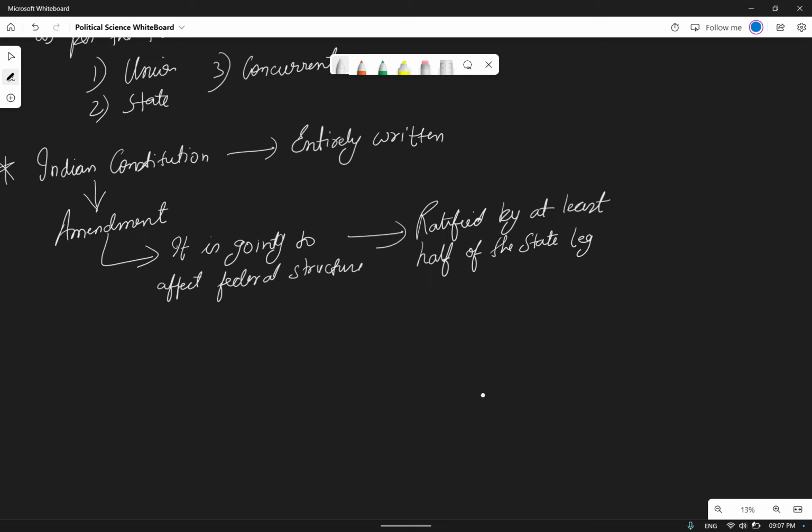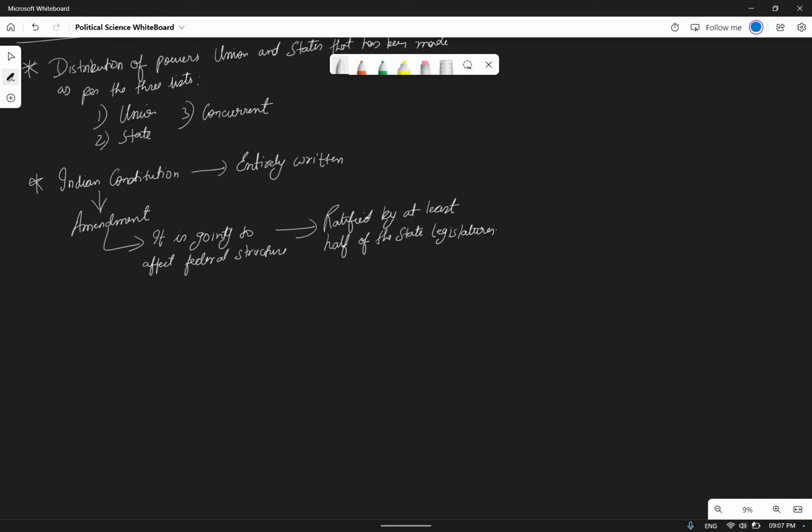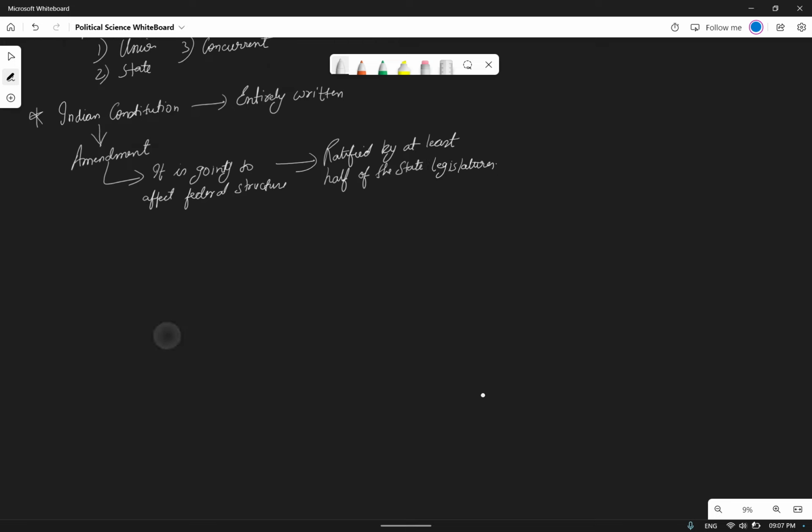So we have understood that distribution of power is there, and the Indian constitution is entirely written, so an amendment will have to go through this. If there is any amendment, it is going to affect the federal structure, and thus it needs to be ratified by half of the states.